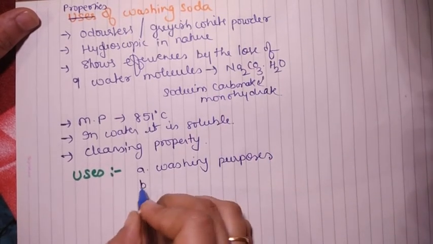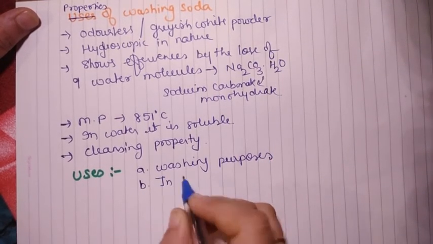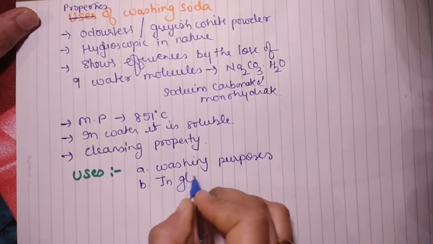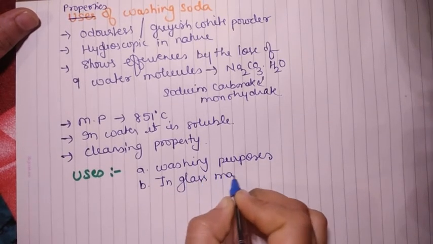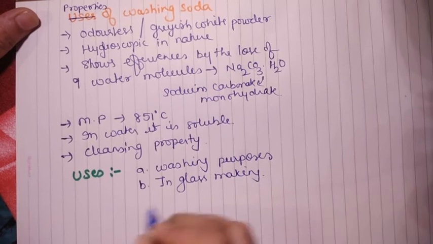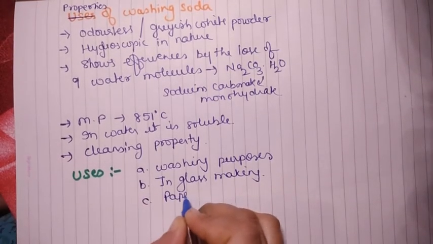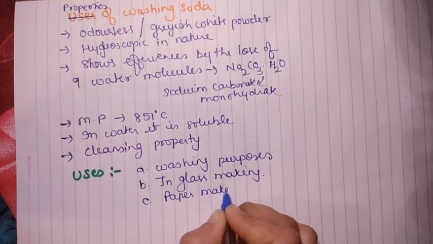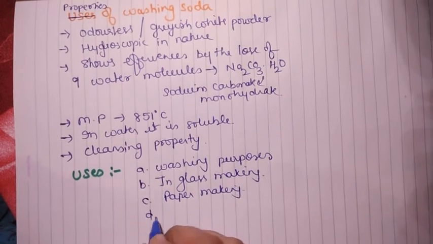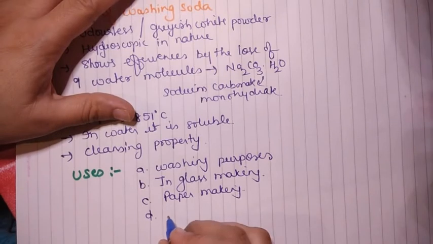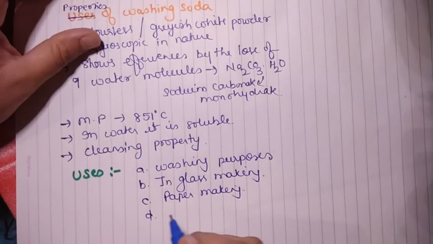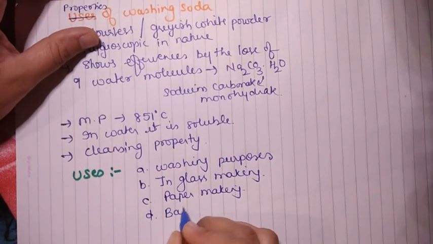Second, other than washing purpose, in making glass, we can use this washing soda for the preparation. Paper making also, we are using this washing soda. For preparing the baking soda also, we can use washing soda.